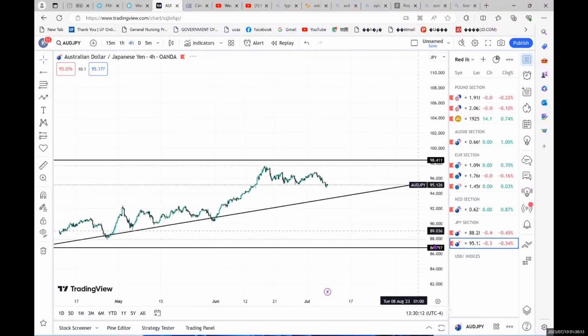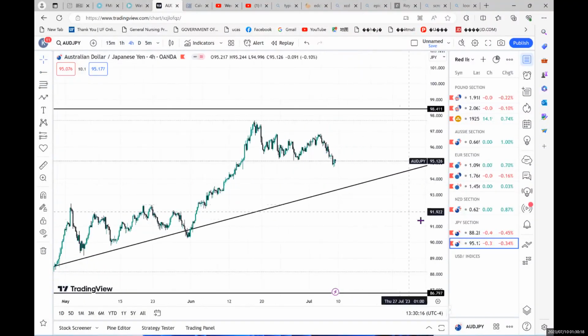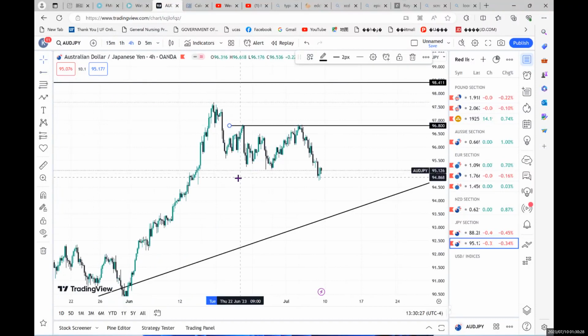On the 4-hour, what is our range? Well, technically, this is our highest point here and our lowest point right here.